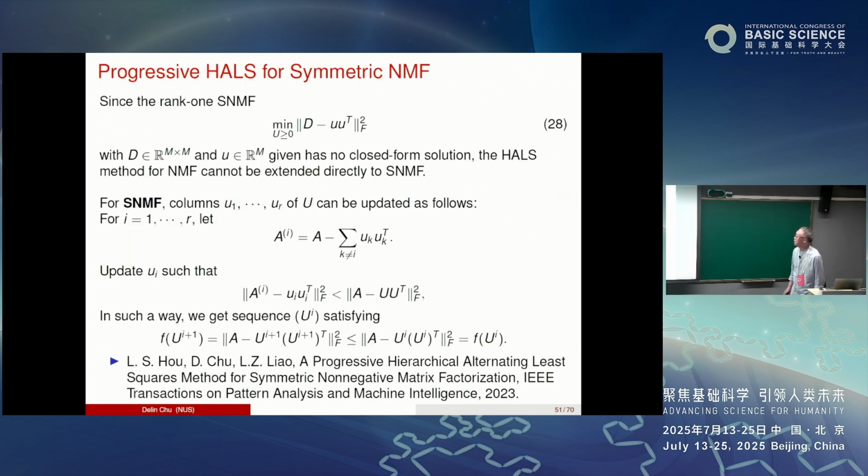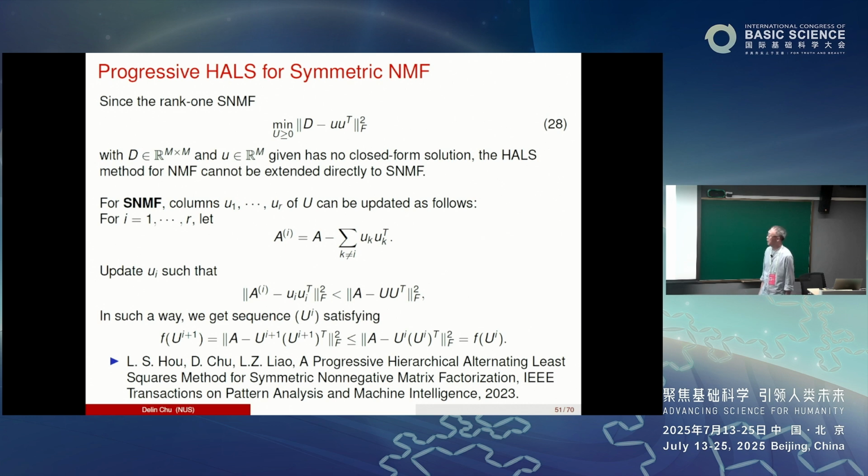So now we introduce a new method, developed in this paper, called the PHALS method for symmetric non-negative matrix factorization problem. Again, to do so, let's consider this rank 1 symmetric non-negative matrix factorization problem. Now this problem looks very, very simple, right?